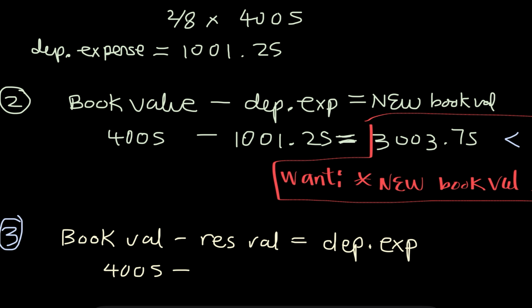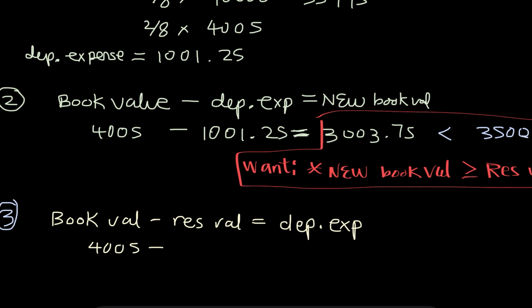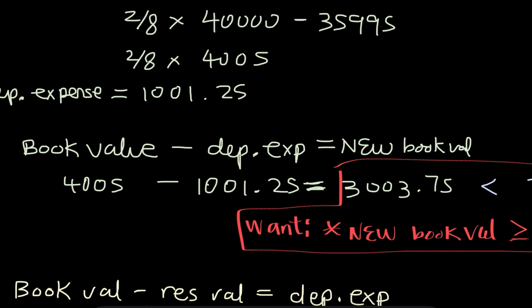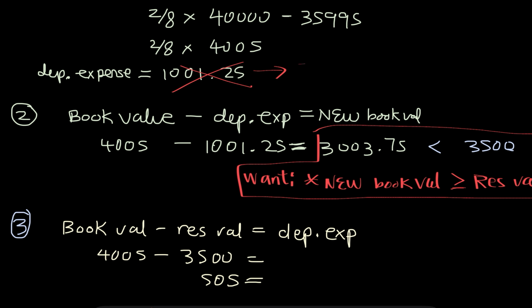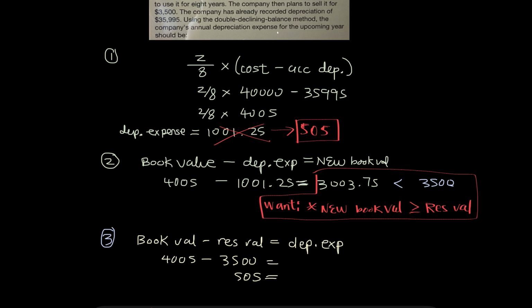So this is the same book value we calculated in step 1, minus the residual or the salvage value to give 505 as the depreciation expense that we can accept. So then as a result, cross this out, and the new depreciation expense is 505 because 505 will give us the residual value, and not a value beneath residual value.